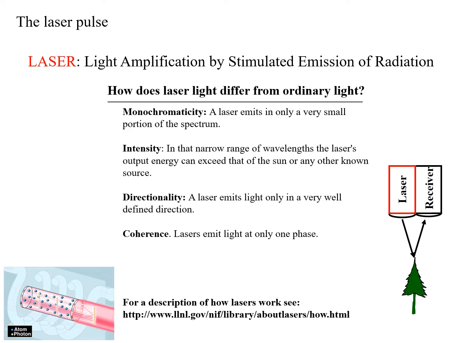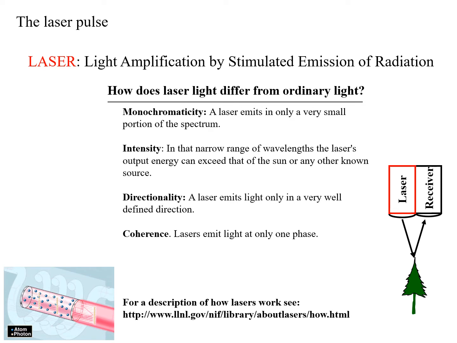It's intense, so in that narrow range of wavelengths, the laser's output energy can exceed that of the sun or any other known source. You can see this by taking a laser pointer outside on a sunny day and directing it toward the ground. The light from the laser is much brighter than the sun itself.